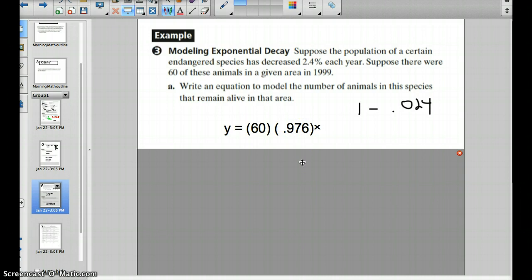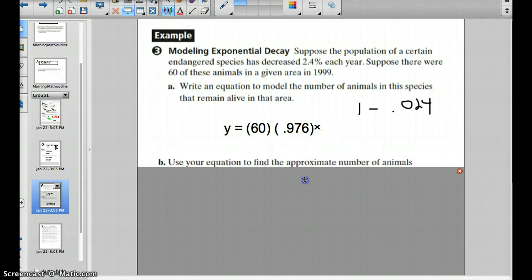So every year we only have 97.6% of what we had the previous year. Hopefully that makes sense to you. If we had the 1 in there, we would be maintaining along the way, but we don't. We're losing 2.4% each year. And X is the number of years in this case, okay?